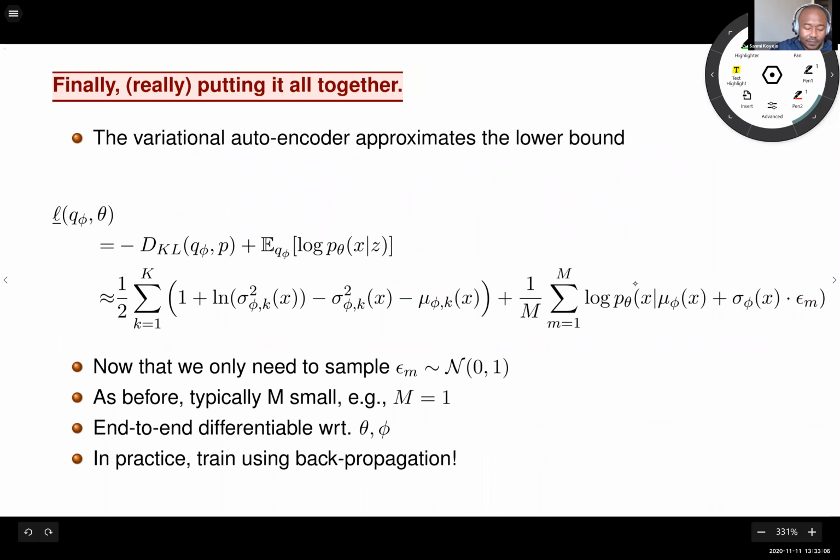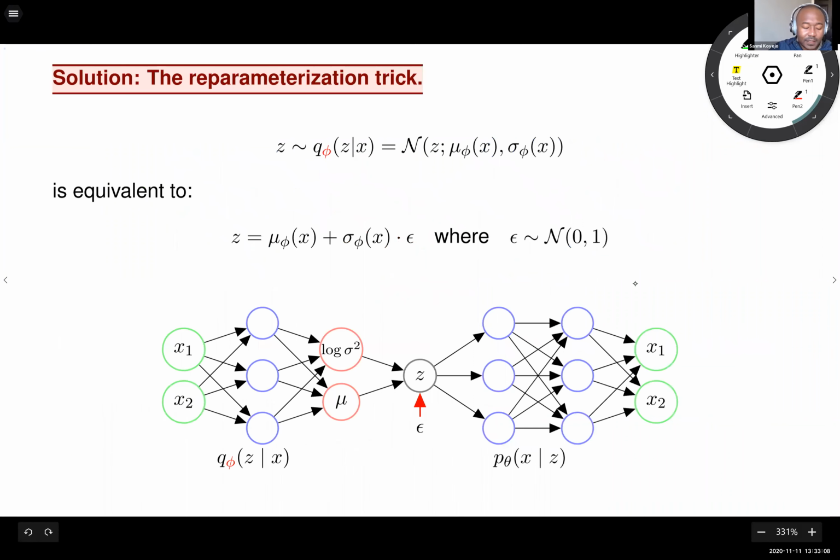There's a way to do it, and for Gaussians it ends up being easy. The key idea is we separate out the sampling and the computation. This is called the reparameterization trick. What we do is rewrite this sample of Z as a deterministic function and a stochastic function.